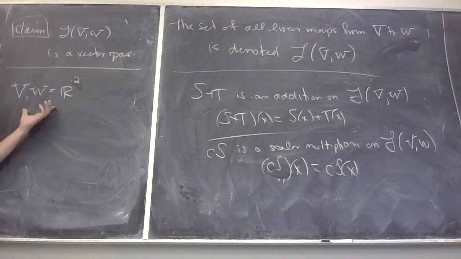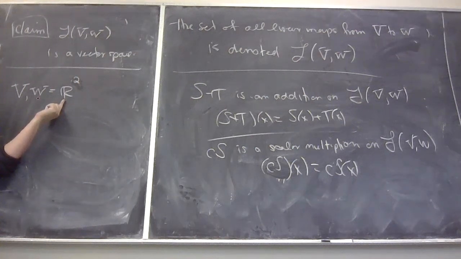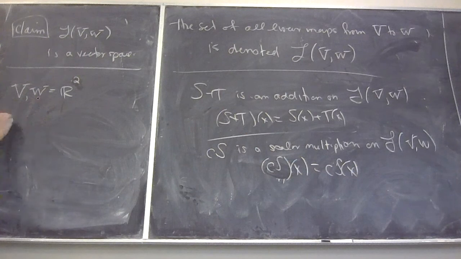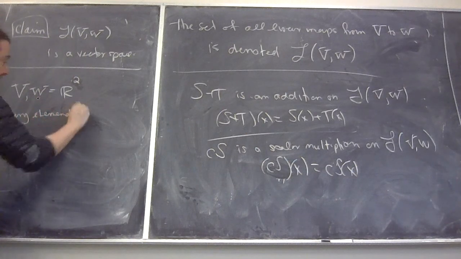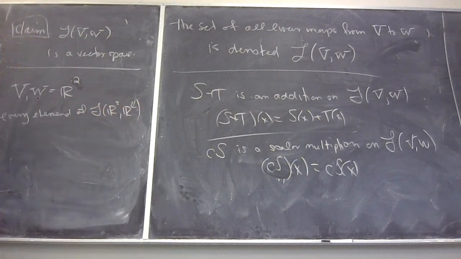In 206, at some point, you proved that every linear map on R2 could be represented as a matrix multiplication. You will learn that at some point. A linear transformation on R2 can be represented with multiplication by a matrix, which means every element of L of R2 to R2 is a matrix with entries a, b, c, d.